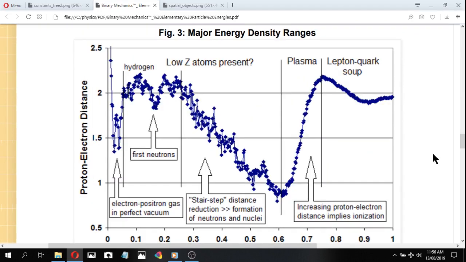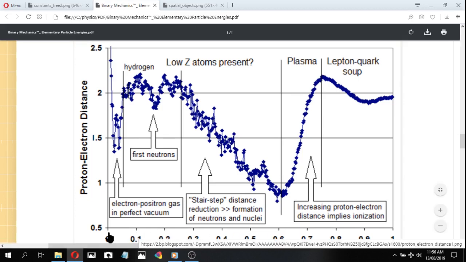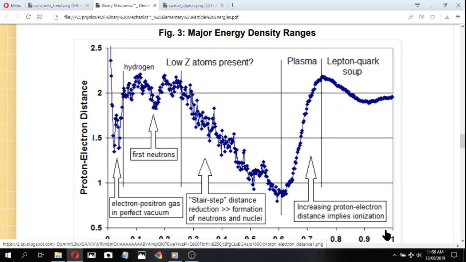In the CSV output files, the position of bits for the proton bit cycle and the bits in the electron bit cycle is given. One can simply compute the distance between those two bit coordinate positions as we are increasing the bit or quanta density from absolute vacuum to total maximum energy density.